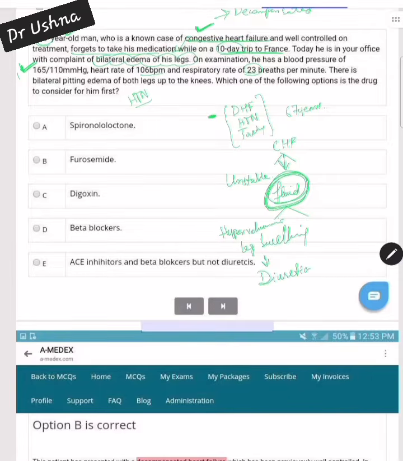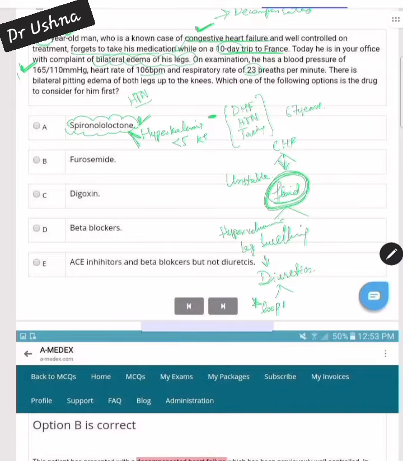Among diuretics, loop diuretics are a safe and good option, but spironolactone in a case like this can cause hyperkalemia. There are three things you should look for whenever you give spironolactone. The patient should not have hyperkalemia, because the side effect of spironolactone is hyperkalemia; the potassium should be less than 5.